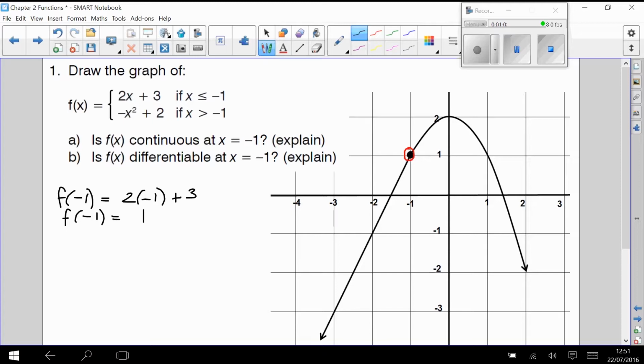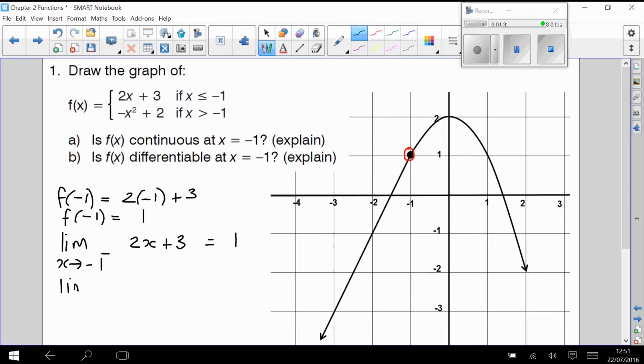Let's now check our limit. Remember, as I tend towards minus 1 on my domain, either from the left or from the right, in order for that limit to exist, it must arrive at the same height. So the limit, as x tends towards minus 1 from the left, is going to use the expression 2x plus 3. Well, we've already calculated that would have given me an answer of 1.